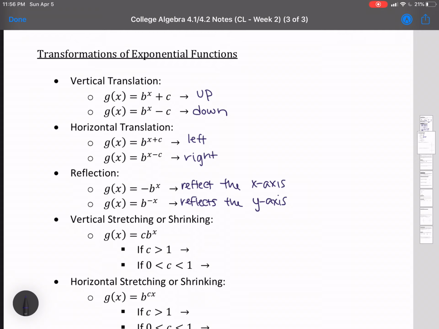Vertical stretching or shrinking. So if c is greater than 1 and we're multiplying that on the outside, that's going to be a vertical stretch. And if it's a fraction, it's going to be a vertical shrink.